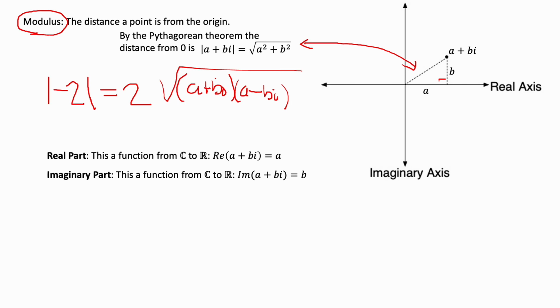So I might ask you to add 2 complex numbers, and then I'd ask for the real part or the imaginary part. Well, the real part of a plus bi is just the a, and the imaginary part is just the b, not the i, just b. So if I say add 2 numbers and give me the imaginary part, you add the 2 complex numbers and then just write down the real number that sits in front of the i.